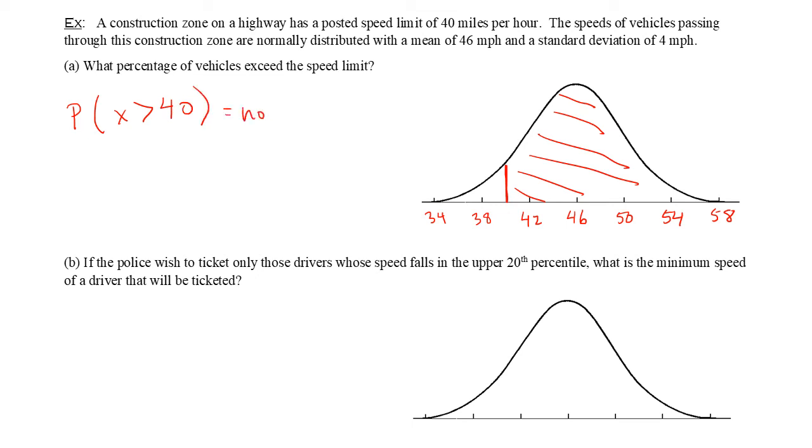So normal CDF: the lower bound of 40, upper is 1E99, the mean was 46, and the standard deviation was 4. So here, when we compute with the normal CDF, it's something about 0.933.